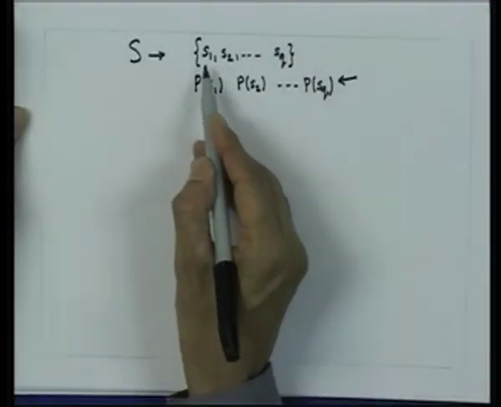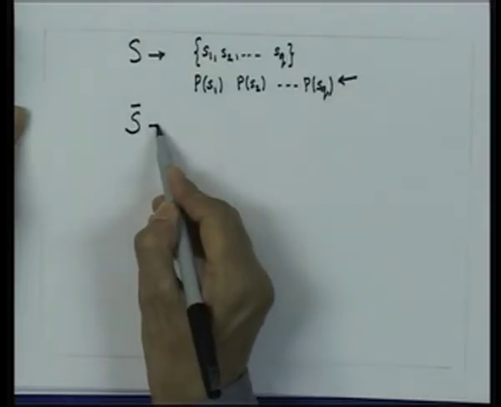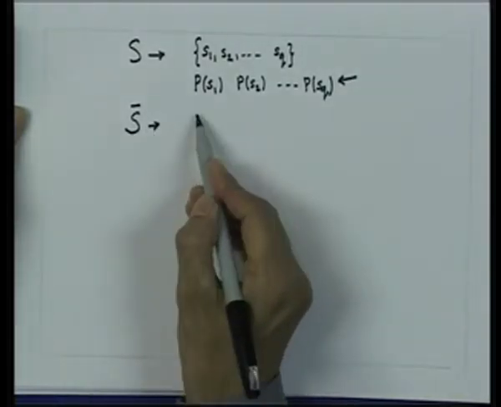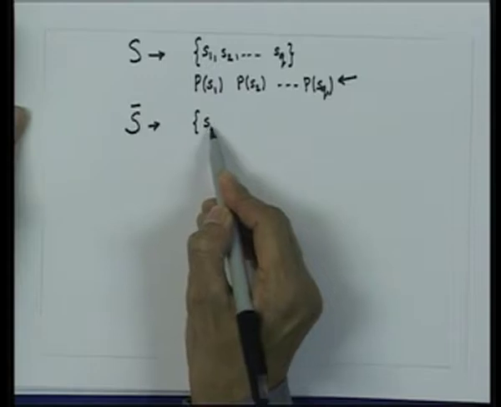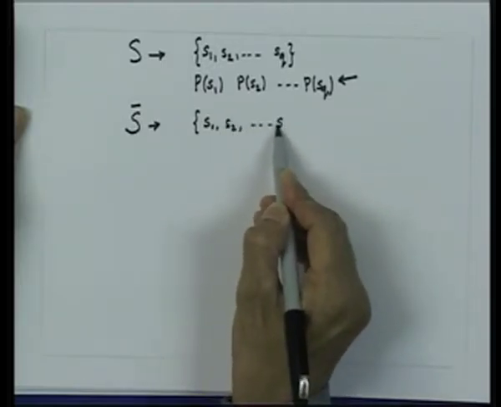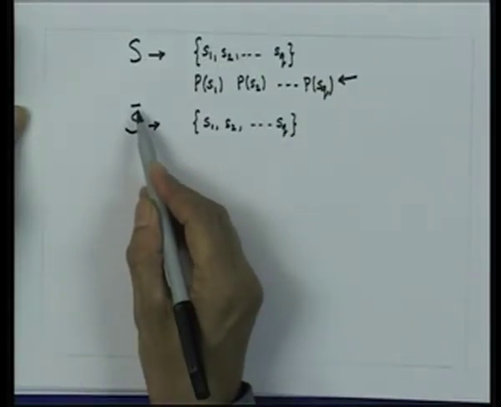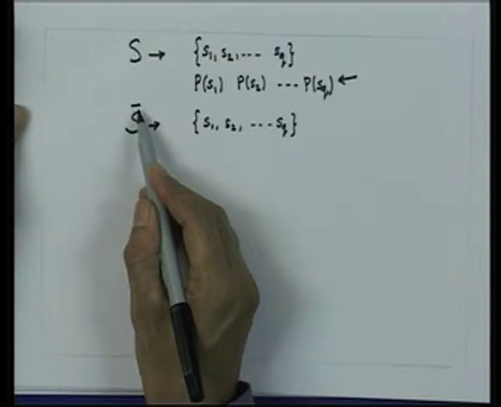Now, let me assume that I can do this for any Markov source. Now, if I have another source, let me call it S bar. This source S bar also has the same source alphabet, that is S1, S2, SQ, but this source S bar is a zero memory source.